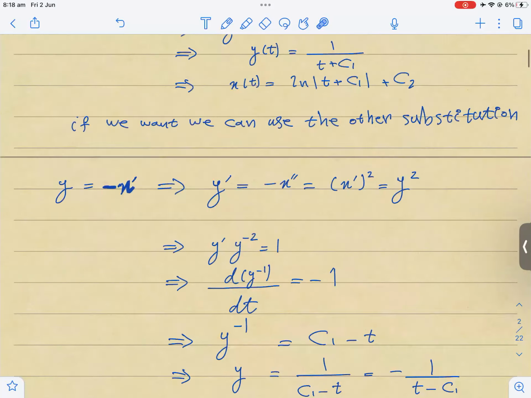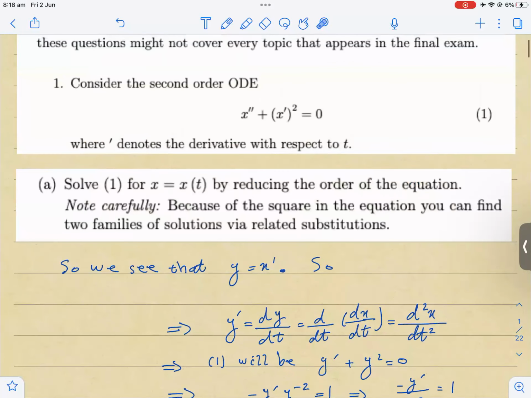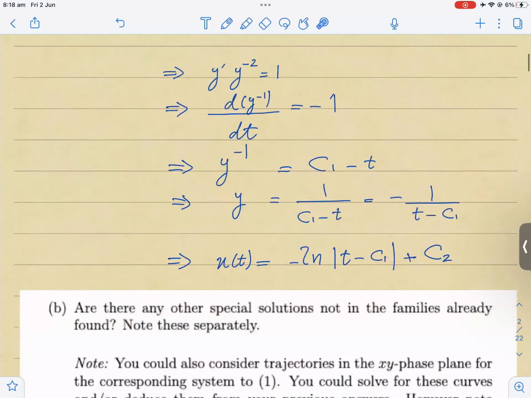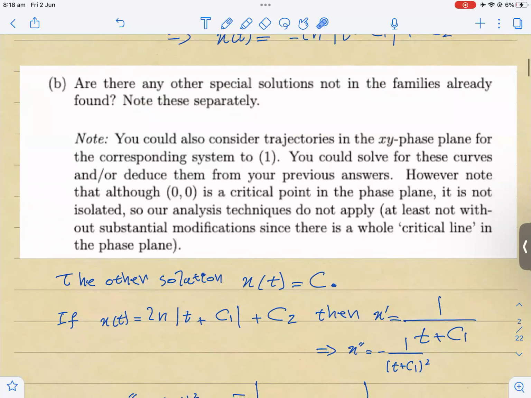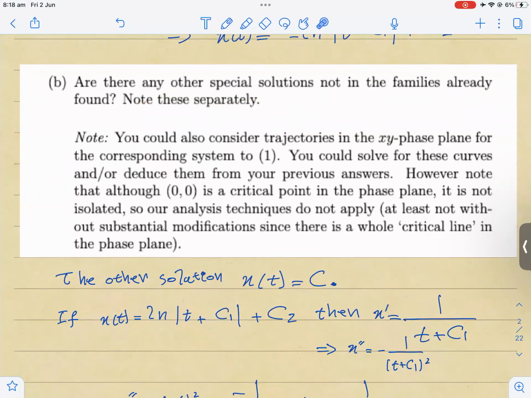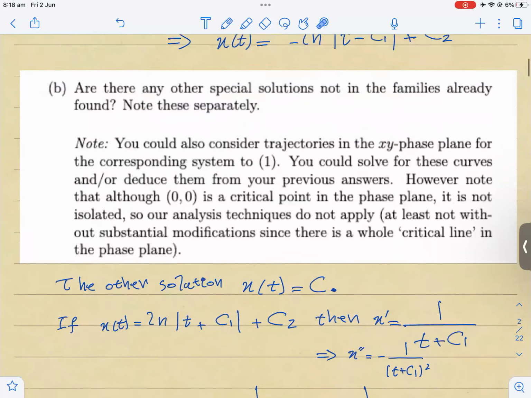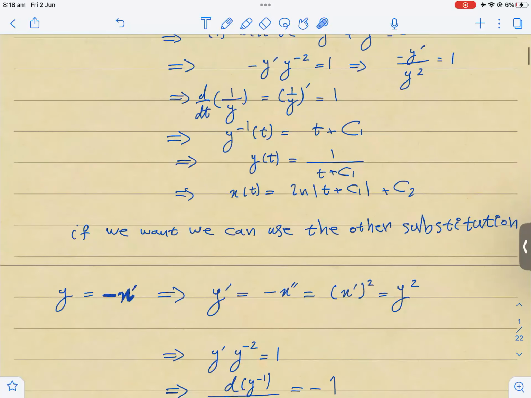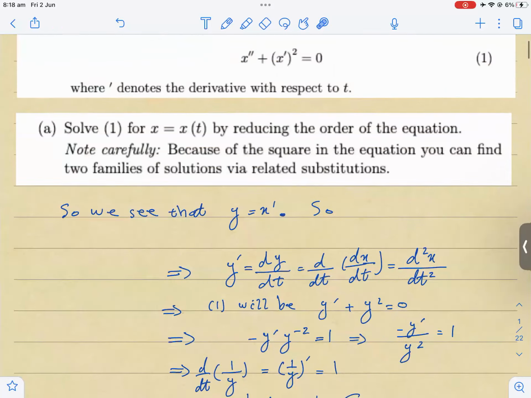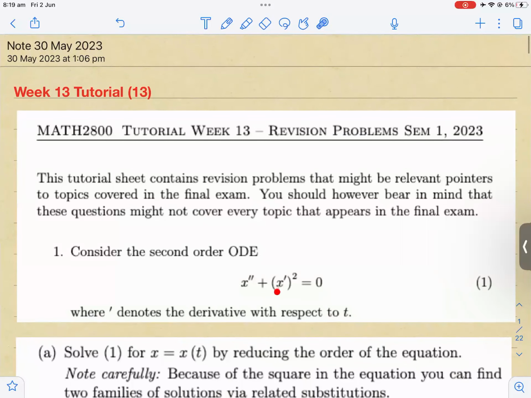All right, so now this was part A. Part B asks whether there are any other special solutions. The special solutions can be, see, x prime can be c.